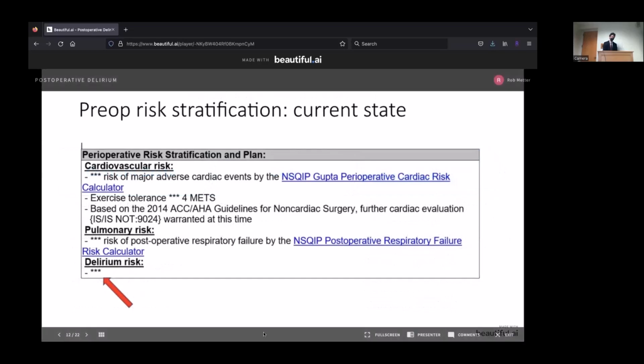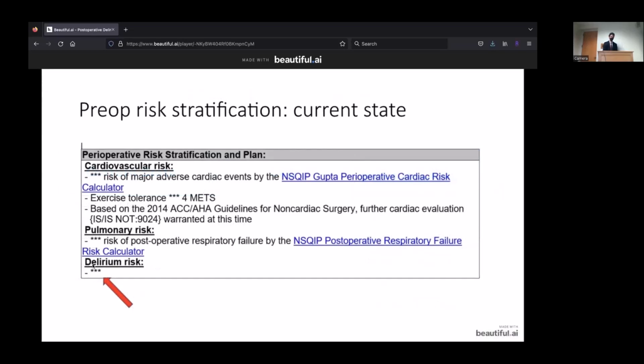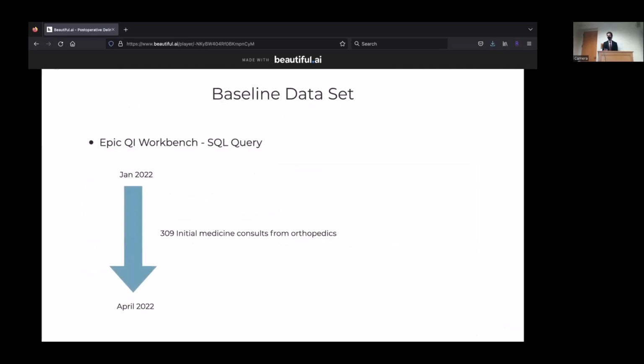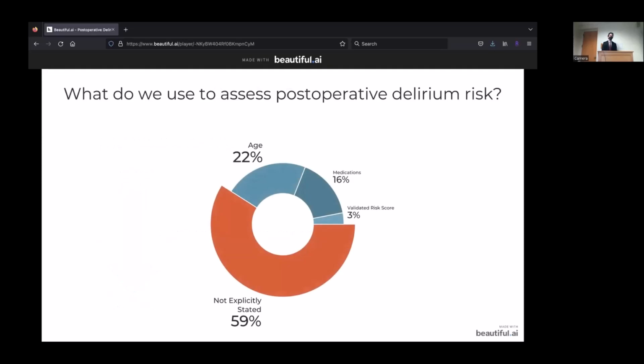So in our current state, like I said in the previous slides, there's not a lot of guidance for faculty on how to assess the delirium risk. So we wanted to get a sense of how people are actually assessing the risk of perioperative delirium on our service. We created an EPIC-QI workbench with an SQL query. We took the patients from the first quarter of 2022, about 300 initial consults to orthopedics, and asked, what were our faculty hospitalists actually using to assess their risk of delirium?